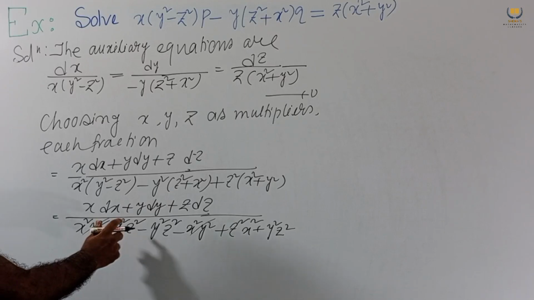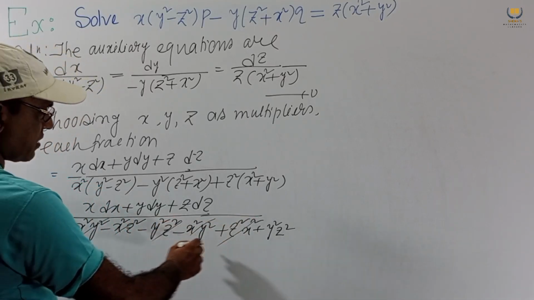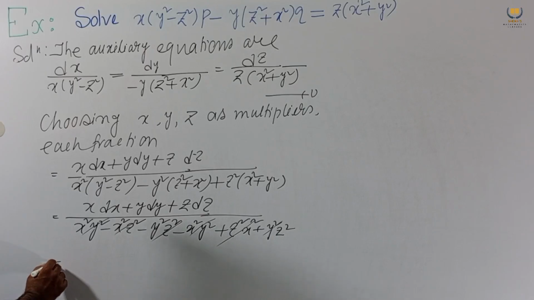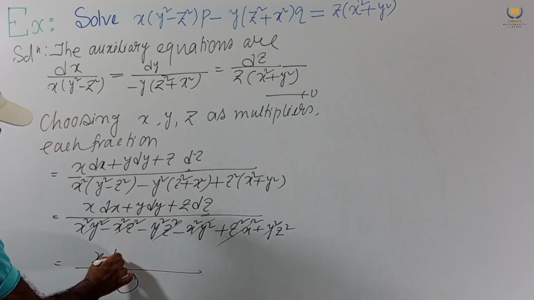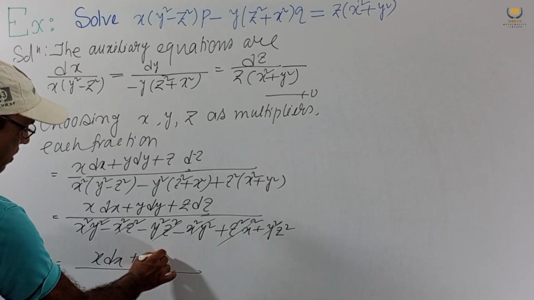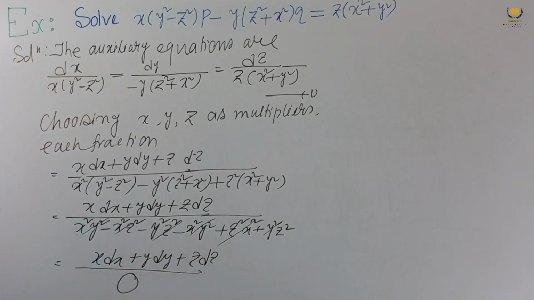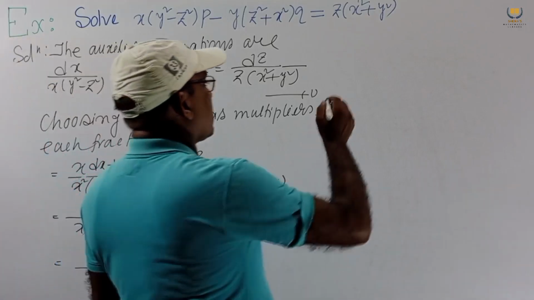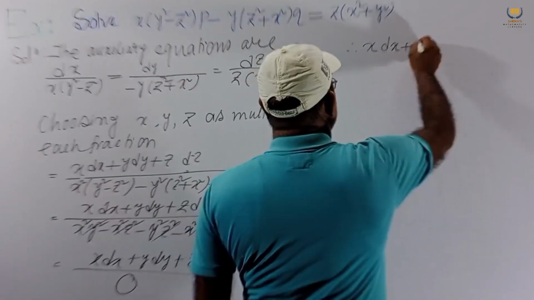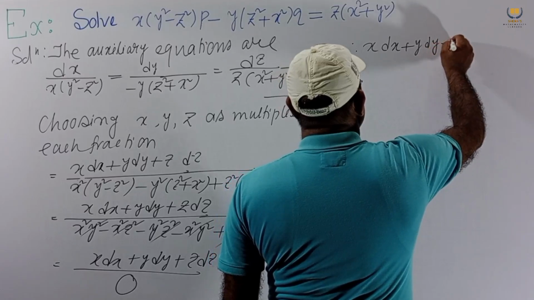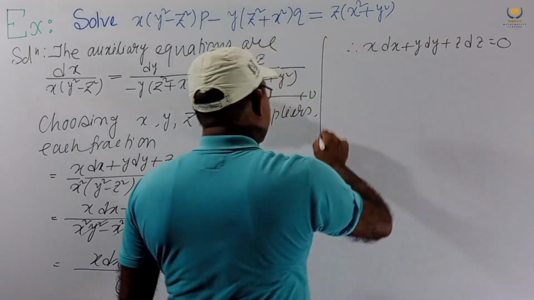X square z square, these two are cancelled, and y square z square, these are cancelled. We get the denominator is 0. If the denominator is 0, then we can write x dx plus y dy plus z dz is equal to 0.